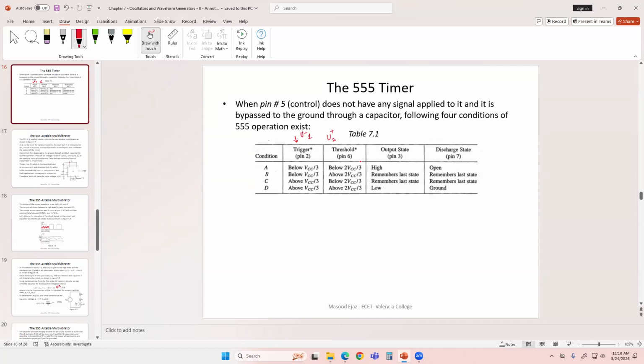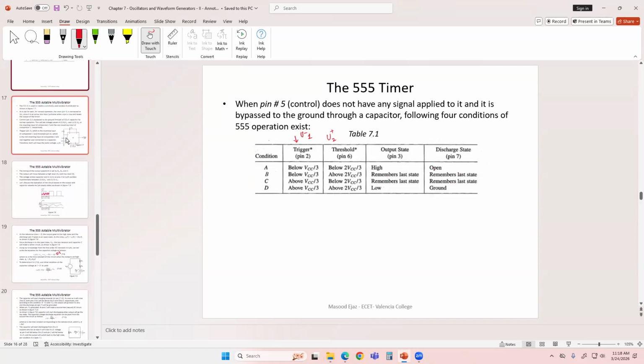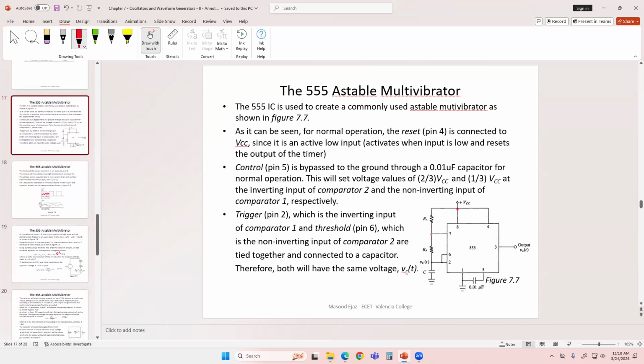If it is above 2 VCC by 3, of course it is above VCC by 3. The output from the highest state is going to go to the lowest state, and pin number 7 is going to be grounded. So pin number 7 will be grounded, and the output is going to go from high to low.